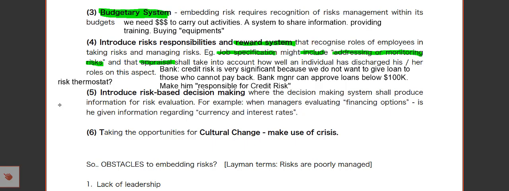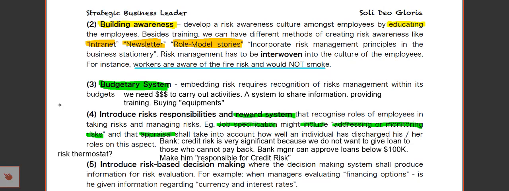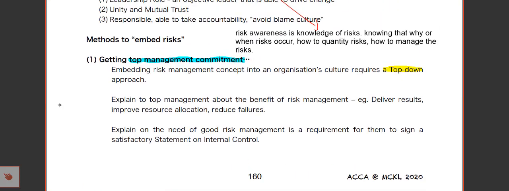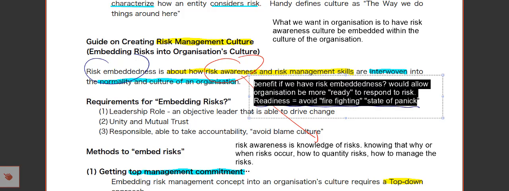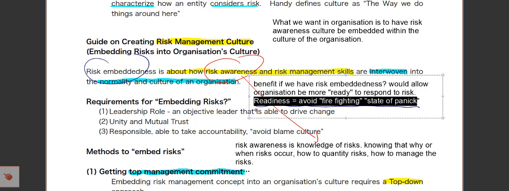But if you don't change, then you're destined to die. So that's an example of how we can embed risk. The whole idea is that we want your mindset to be more ready, more responsive to risk. That readiness is important to make sure that we avoid a firefighting situation, and avoid a state of panic. That is what we are saying.